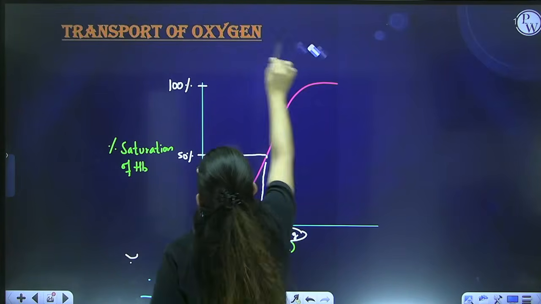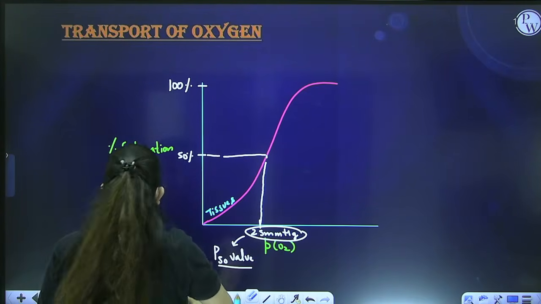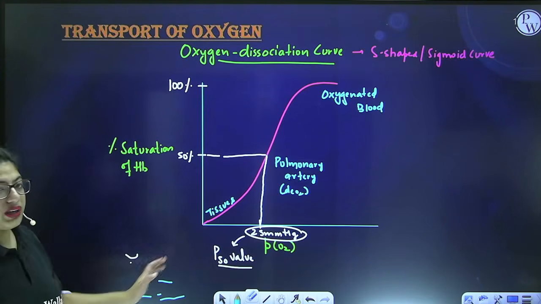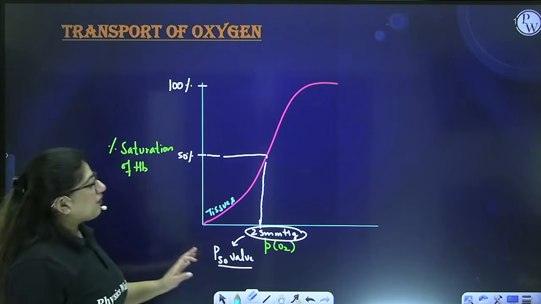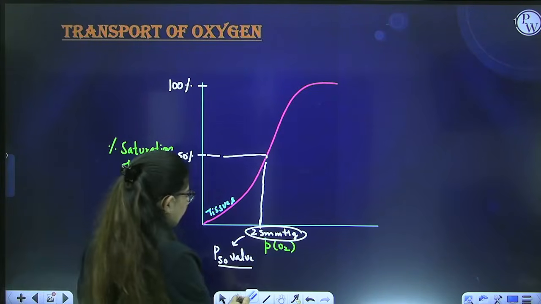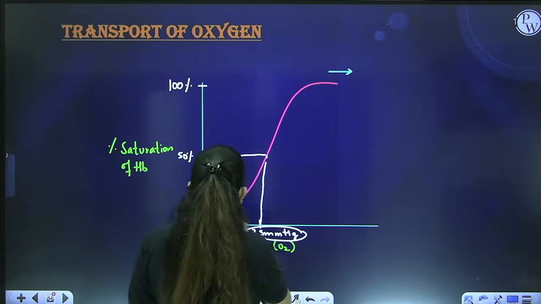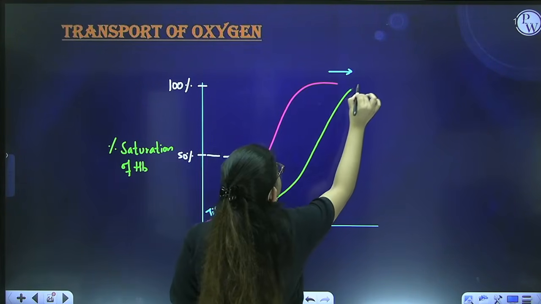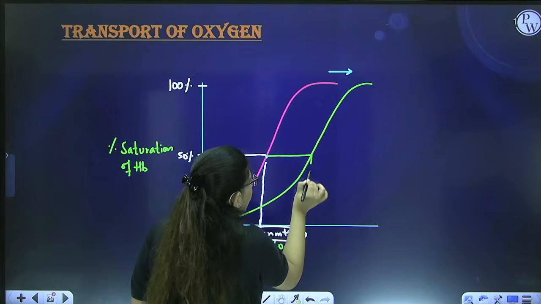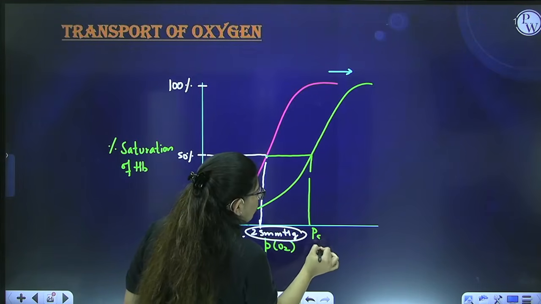Let me raise this for more space. You will get this slide. Okay. Don't worry. So here, if I say my graph moves to the right side, imagine such type of a graph is formed. So you can also see that the P50 value has been increased. This is the new P50 value now.